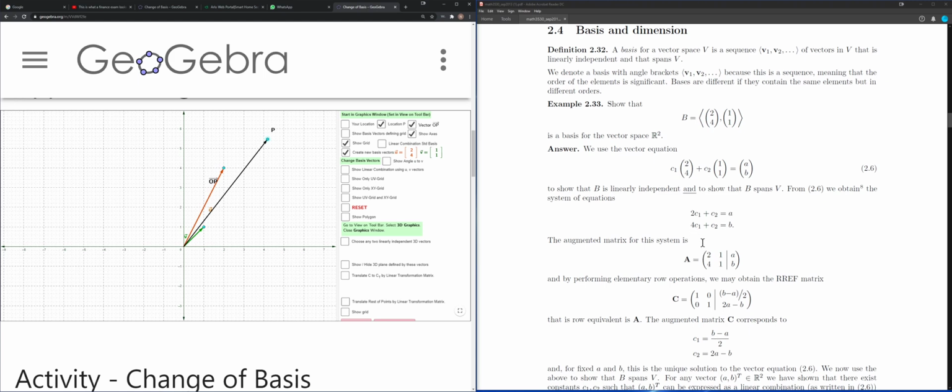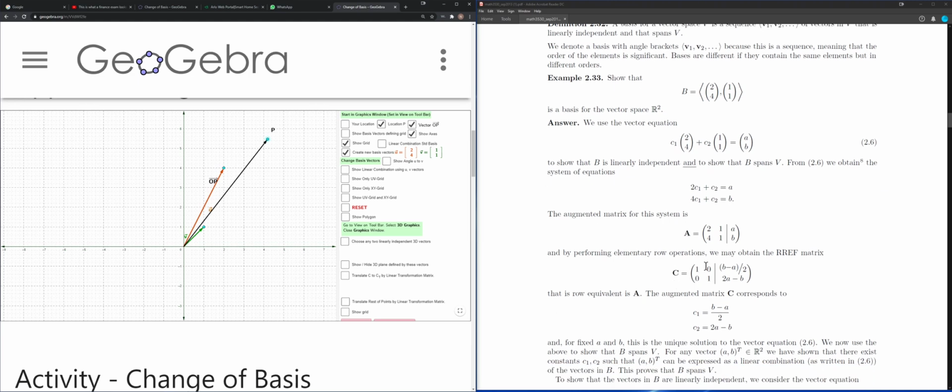Okay, so for this system, what you do is you form your augmented matrix, which is the 2, 4, and 1, 1 over here in the second column. And then the A and B would be on this right-hand side over here, right? And how you go about solving the system is once you form your augmented matrix, you apply Gauss-Jordan.